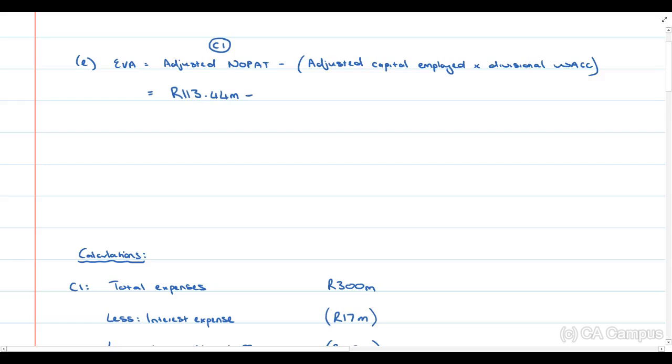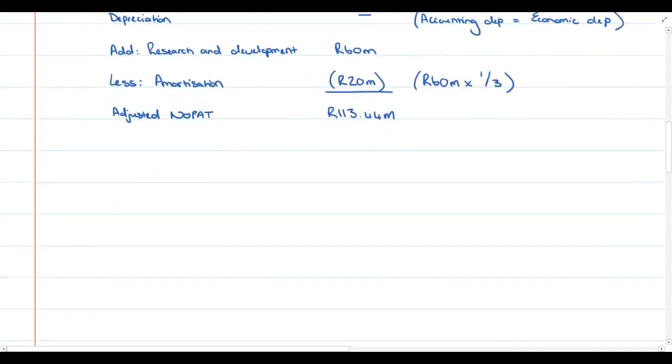Then next we need to calculate the adjusted capital employed. And we calculate capital employed by taking total assets and deducting current liabilities.